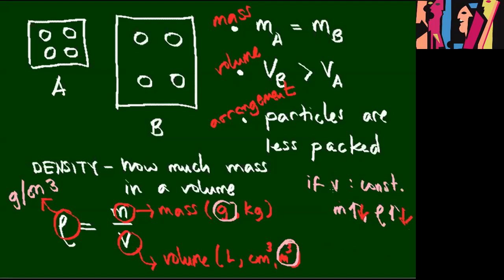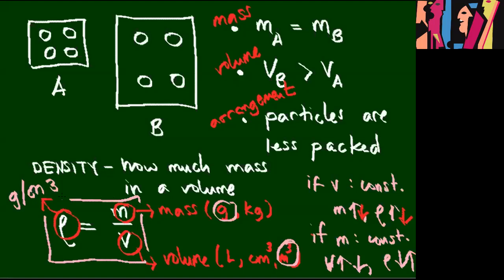Now if M is constant and I increase V, then the density will have to decrease. If V decreases, then the density increases. So here are just some qualitative observations about that formula, rho equals m over v. This equation here is the equation for density.